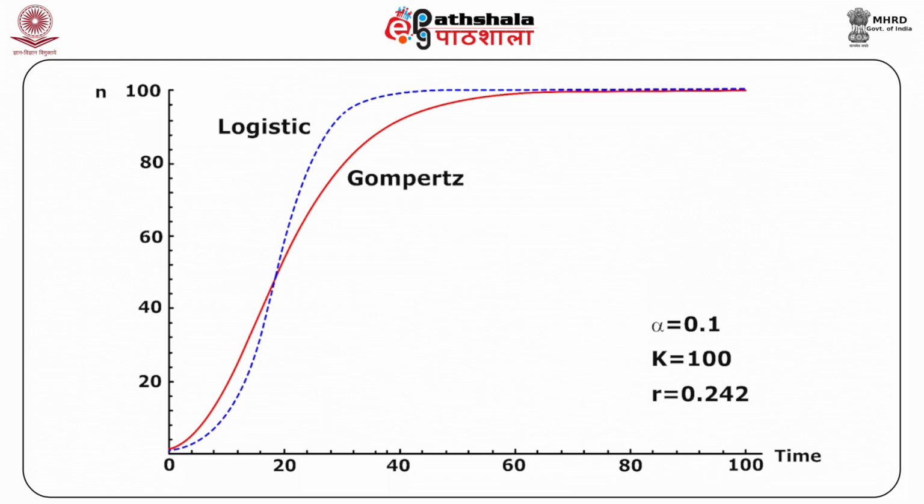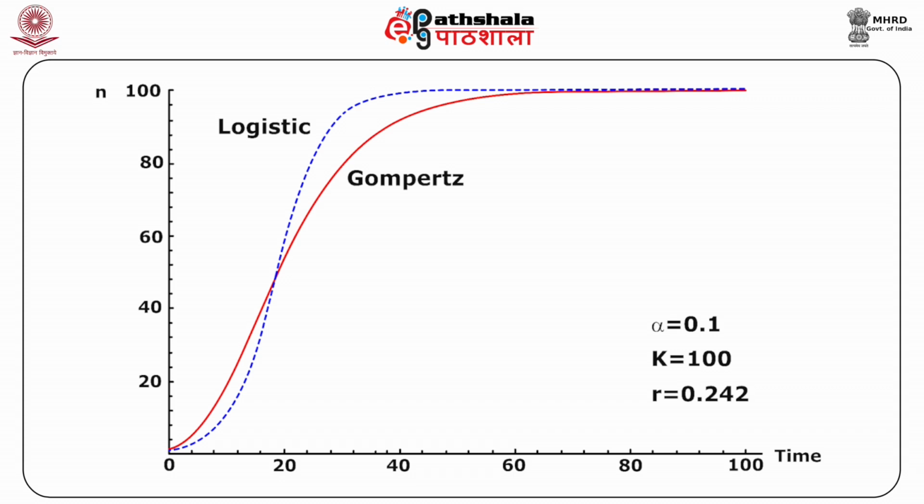Therefore, it starts at a lower point but suddenly rises almost at a right angle, and when it reaches the highest point, it once again starts to decline rapidly and becomes parallel to the x-axis. The Gompertz function initially is higher than the logistic function, but it gradually tapers off and then both functions become almost parallel to the x-axis.